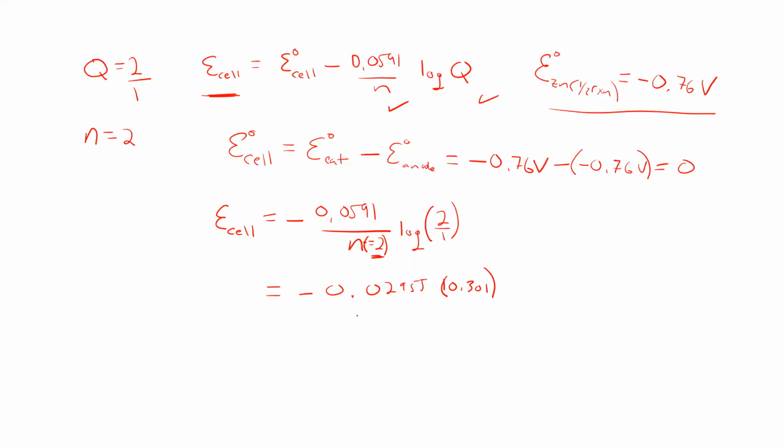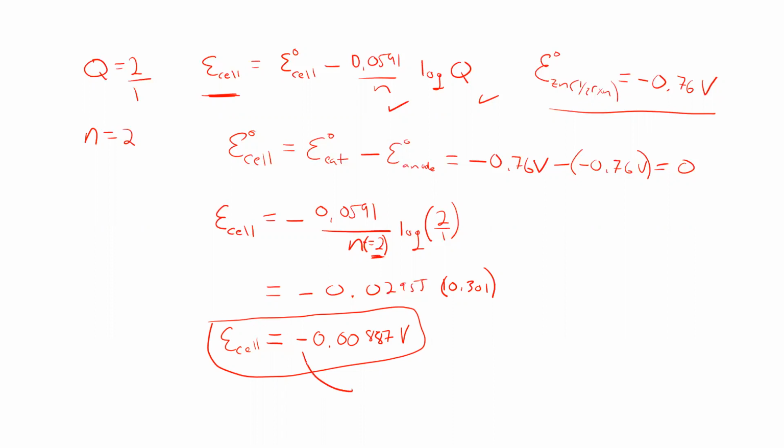And if you just do that math, negative 0.00887 volts. So this is a very small voltage for this cell, but that would be based on the concentrations given, the standard potential of the cell, which also tells you, if it's negative, that it's running spontaneously in the reverse direction.